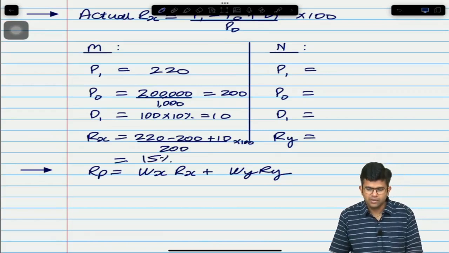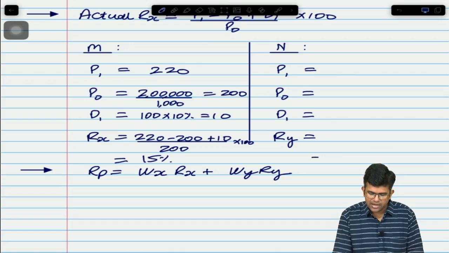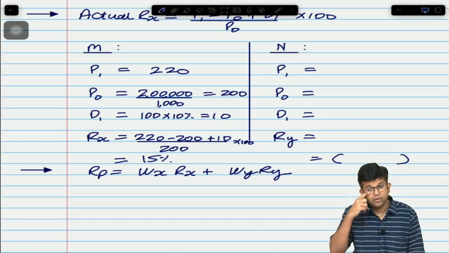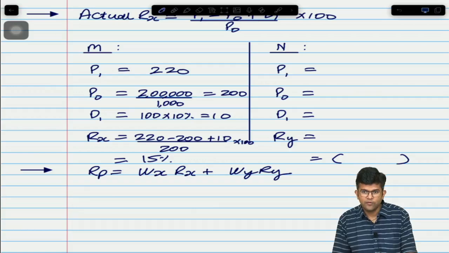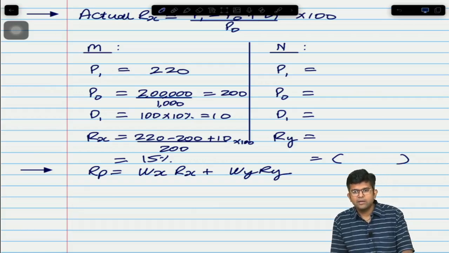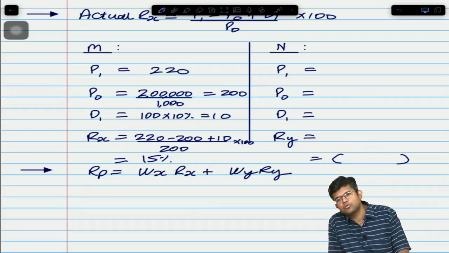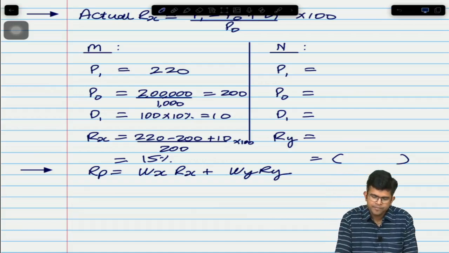Everybody got this number? Like that, similarly Ry comes negative 2.33%. People are getting different answers, but it is 2.33, so negative 2.33%.